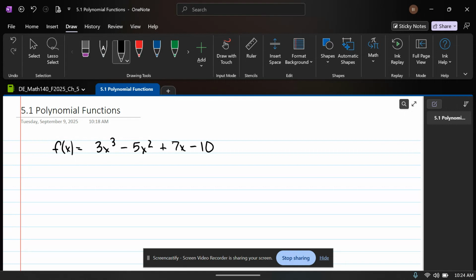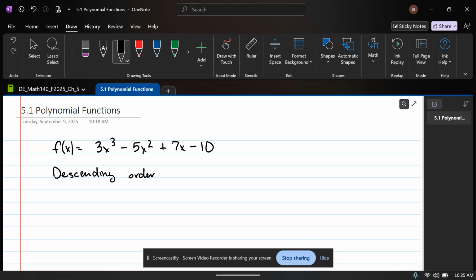Notice how it is written in descending order, from highest power of x down. That's how we always write them. That's the way we want them written. So when you're writing your polynomials, you want them in descending order.